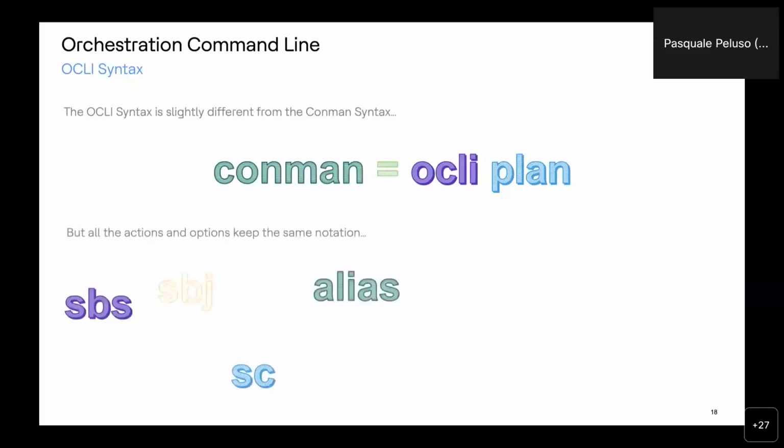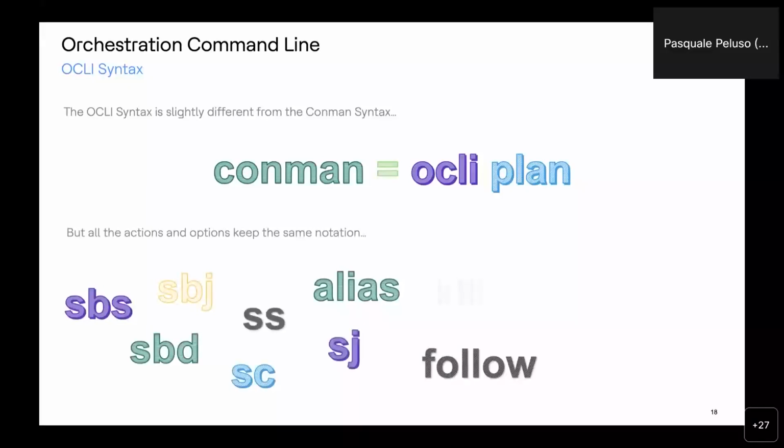All the actions and all the options that are available on command are still available for Oakley. So we have actually maintained almost all the syntax for everything. I don't know if there is something slightly different, maybe the logon. There could be some.